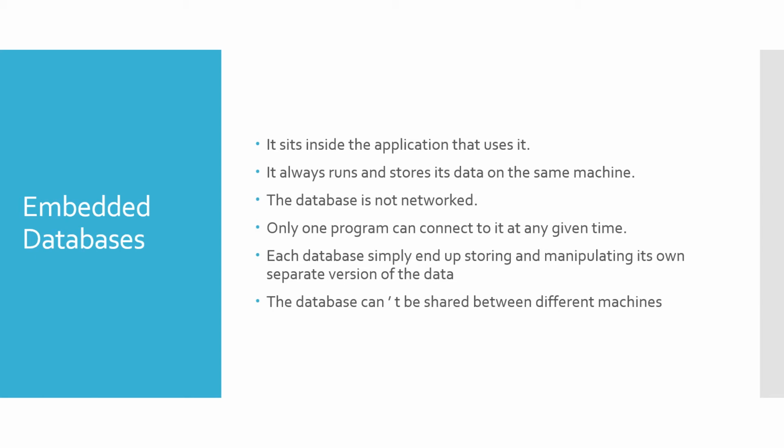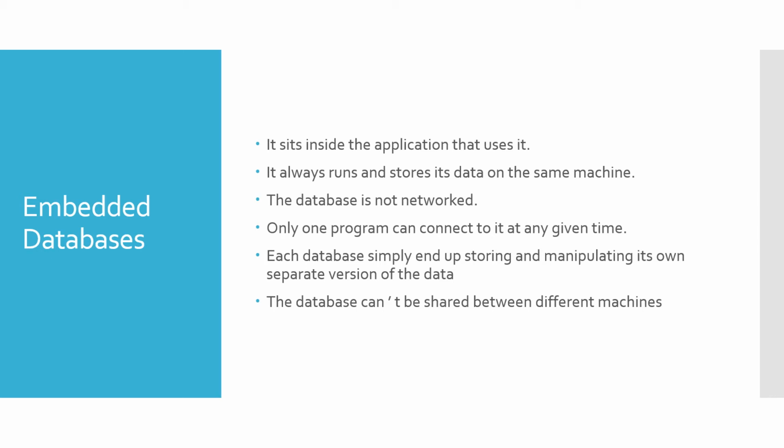Moreover, the database cannot be shared between different machines because each one would simply end up storing and manipulating its own separate version of the data. On the plus side, embedded databases tend to be faster, easier to configure, and easier to work with. Long-standing examples of embedded database engines include DBase and DBM, and PHP supports both these engines in the form of PHP extensions.